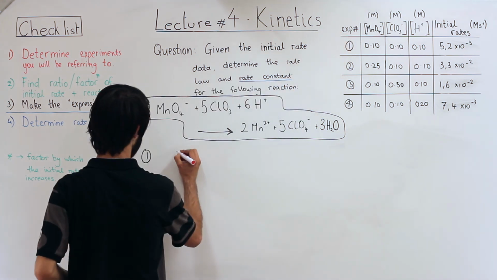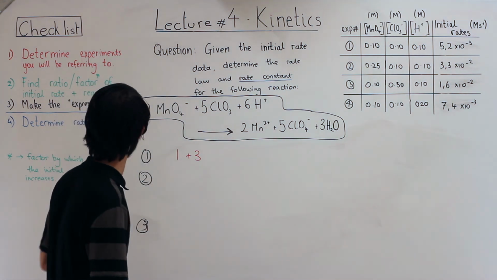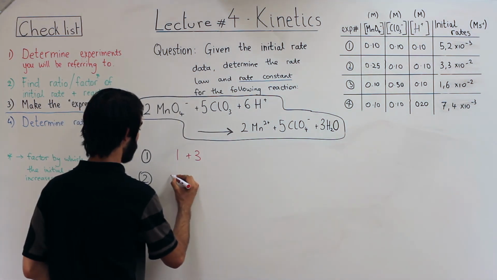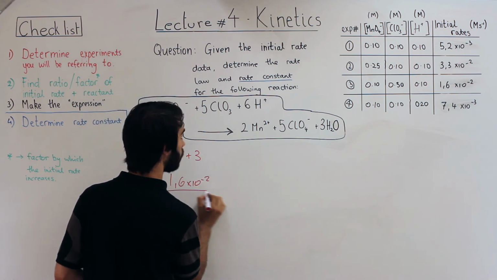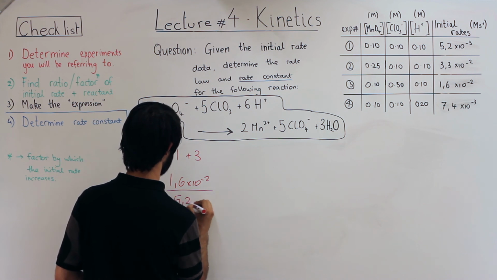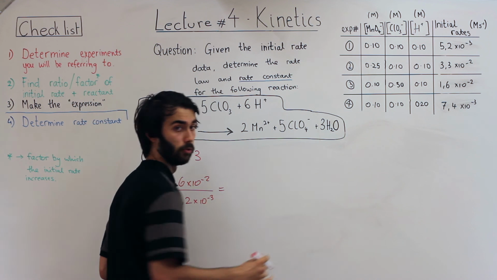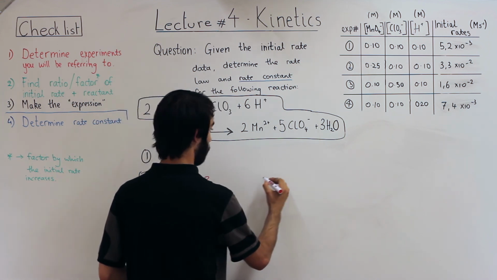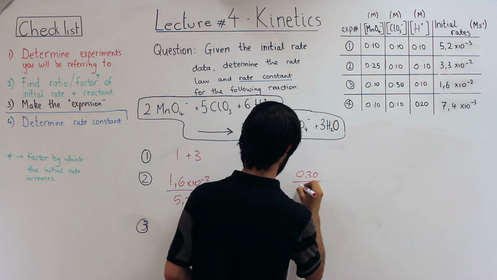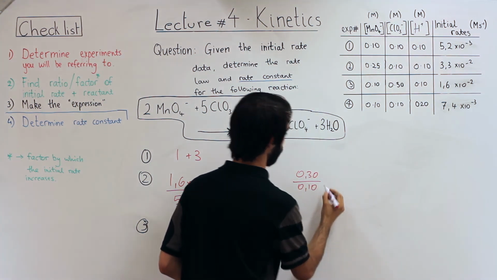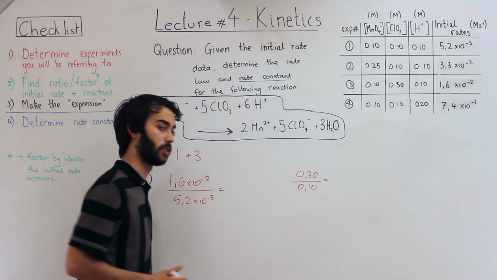So for chloride, let's choose our experiments: experiments 1 and 3. In this case, step 2, finding the ratio. So our ratios will be 1.6 times 10 to the minus 2 over 5.2 times 10 to the minus 3 for our rate. And for our reactants, we'll have 0.3 over 0.1. Now we'll make the same division process.